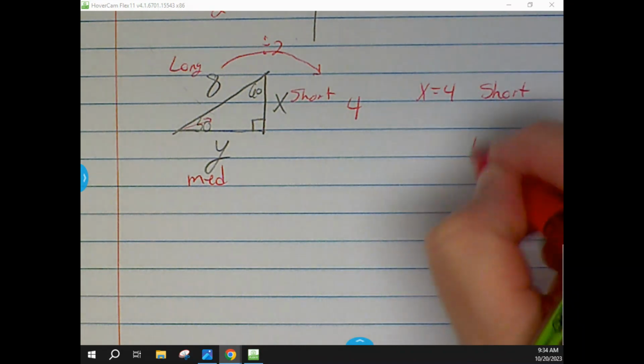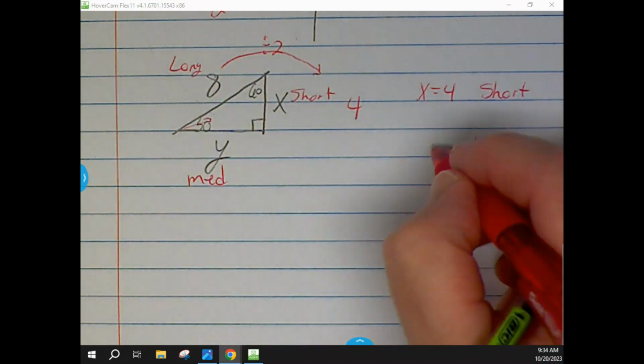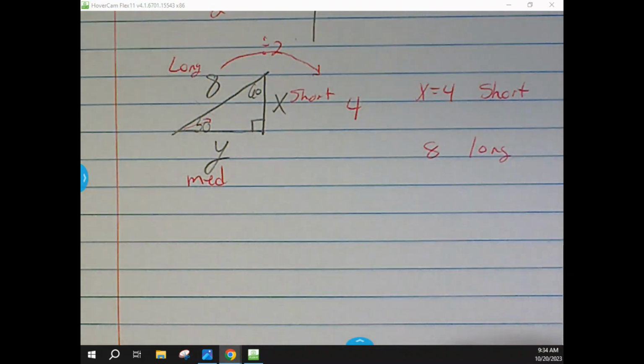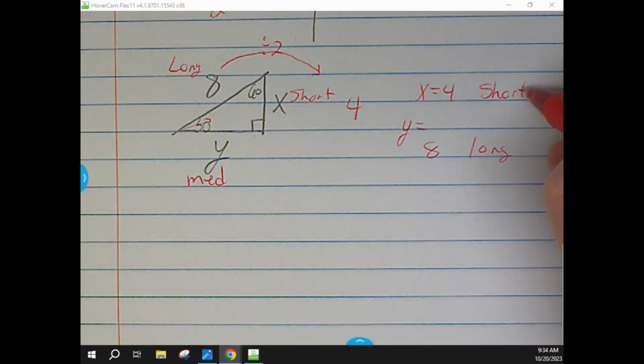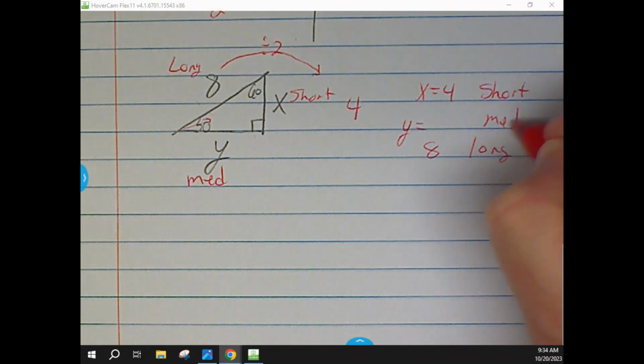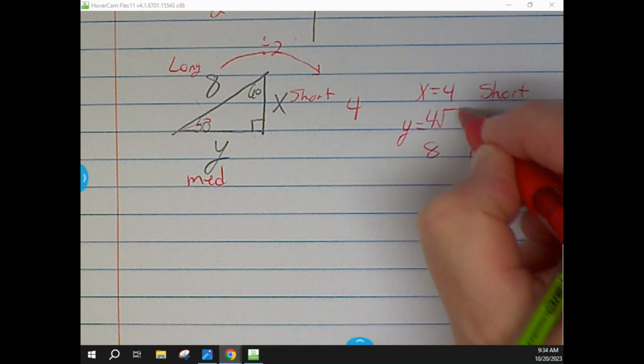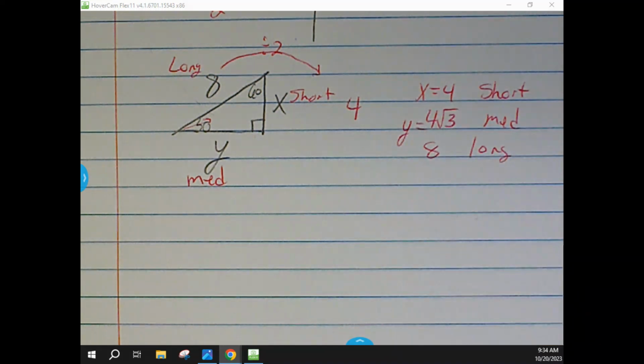Okay, so we know the longest side is that value, which was 8. That was given, so we didn't have a variable with this one. The medium side is the y value. And if you have the short side, to go from the short side to the medium, all you do is take the short side and multiply it by square root of 3.